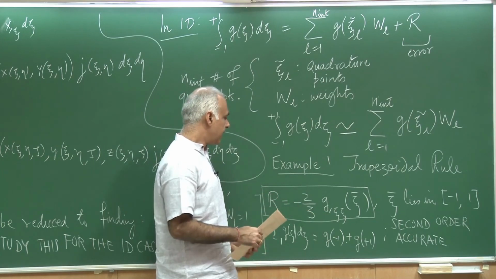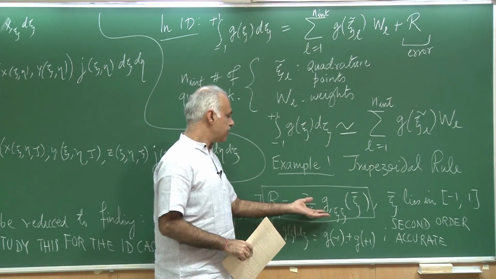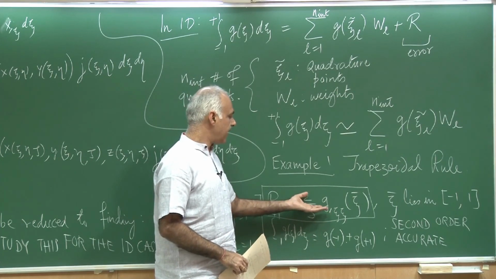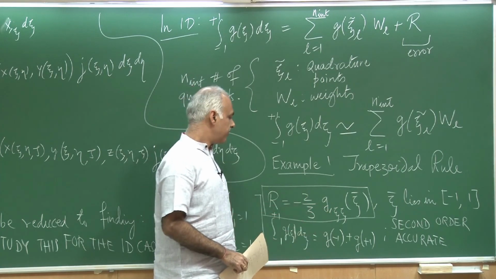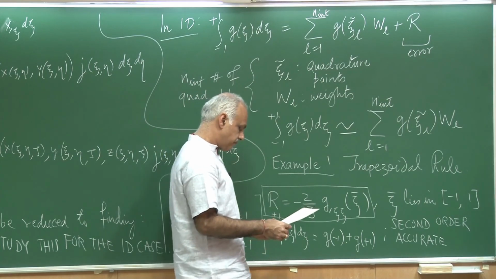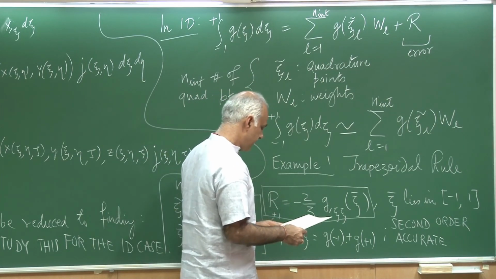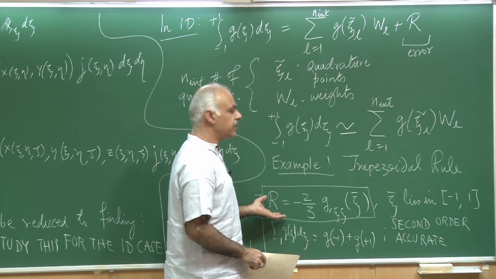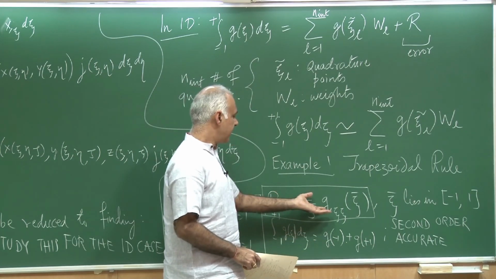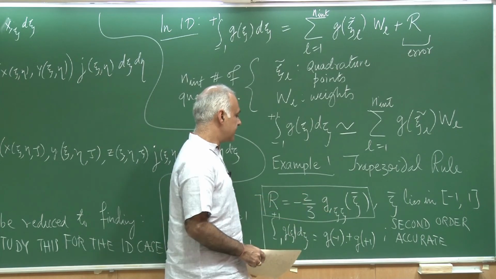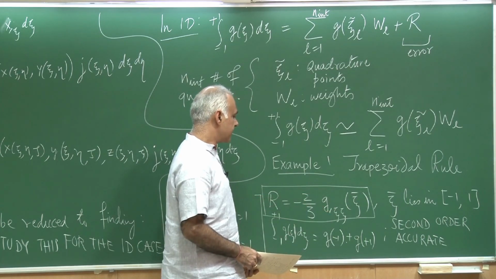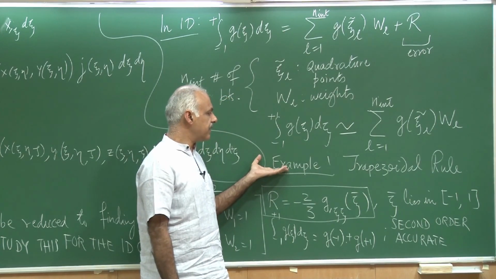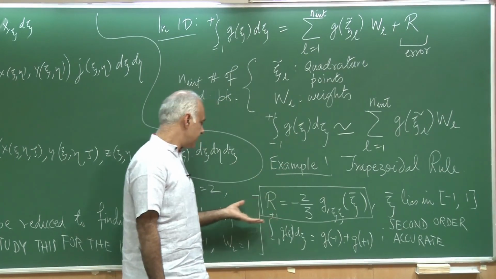So, if I had an expression which was either a constant or a linear, then I would get an exact integral, but if I had something like a quadratic polynomial, then I would incur an error, and the error would be related to the second derivative of this function. So, if you want to use the trapezoidal rule, then this is the cost.